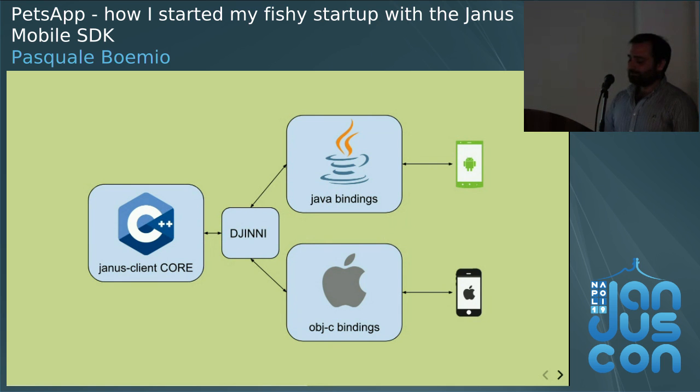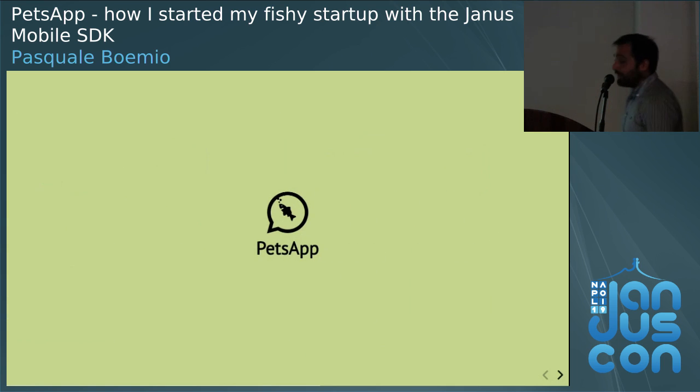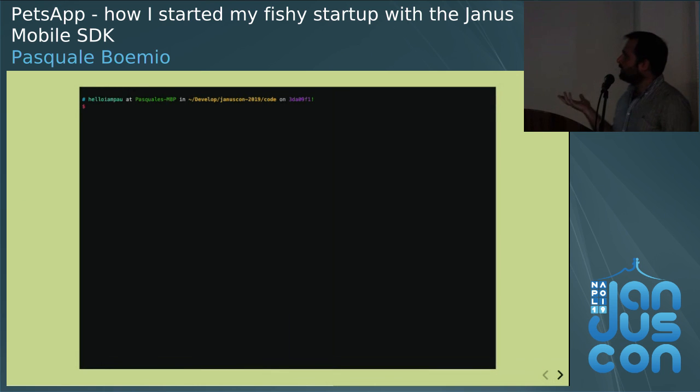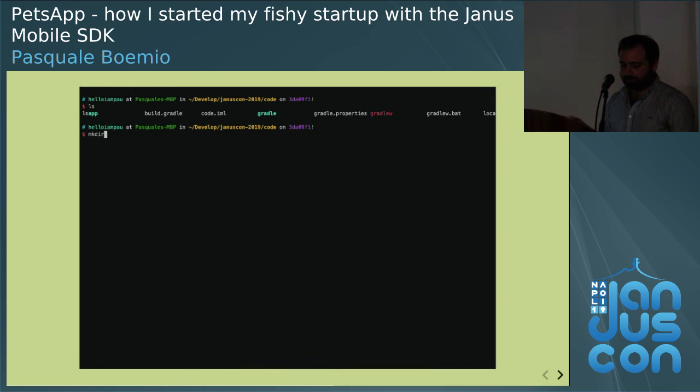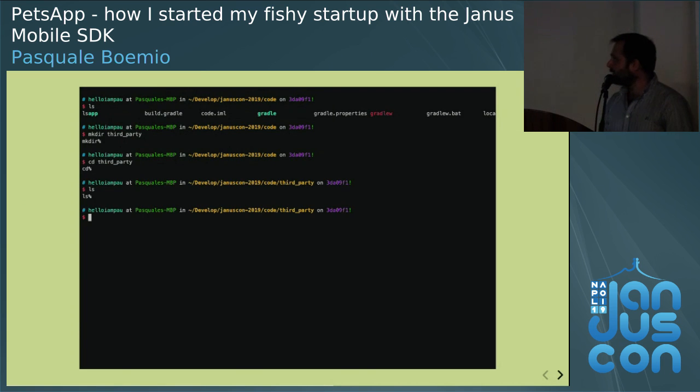So coming back to the PetsApp, I want to show you the Janus client from the point of view of the app developer. So first things first, we need to create a new Android project, and we need to clone the Janus client framework.